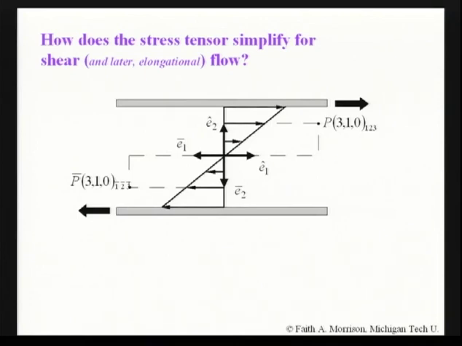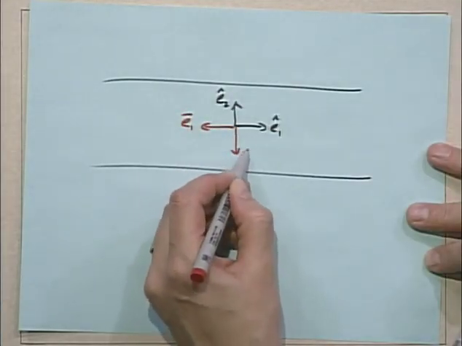Now, what I'm going to do is I'm going to make an argument. I have this shear flow, and I'm looking at it in 2 different coordinate systems. Now, we've had a little bit of experience in the homework in transforming coordinate systems. We're going to use that experience. So this is one coordinate system, and this is the other. E1 bar, E2 bar.